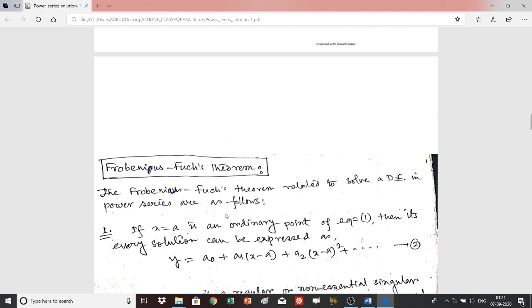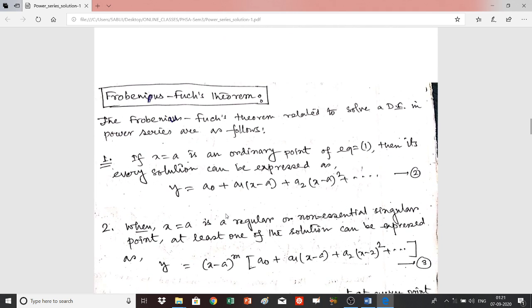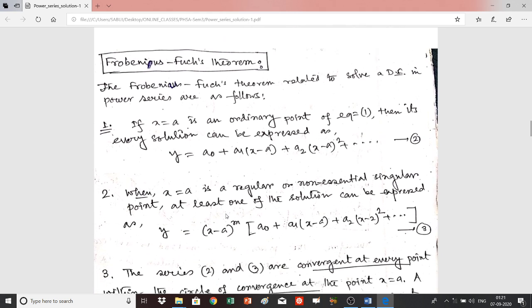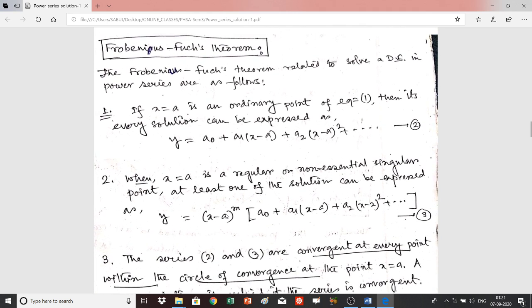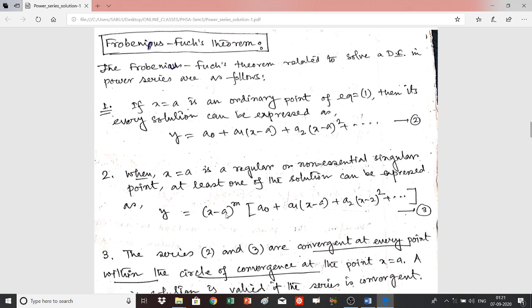And now for the Frobenius method, since whether a given differential equation can be expressed in terms of the power series method or not, or the process of how to express it in power series, can be understood from the Frobenius theorem. The Frobenius theorem to solve differential equations by the power series method is as follows.